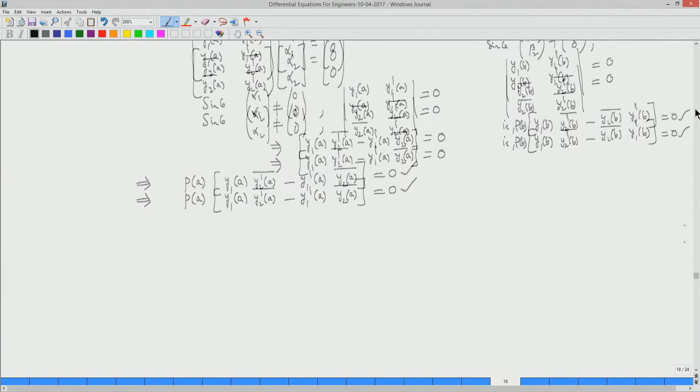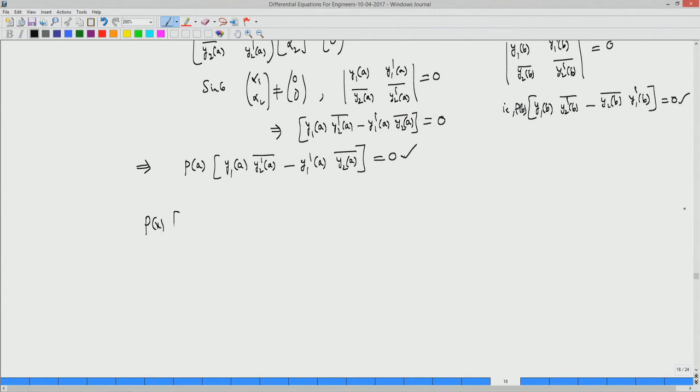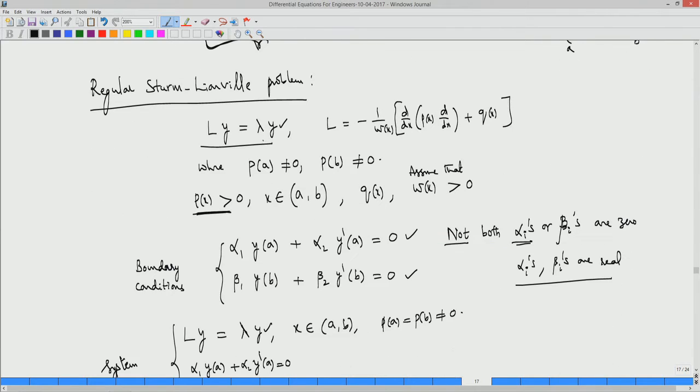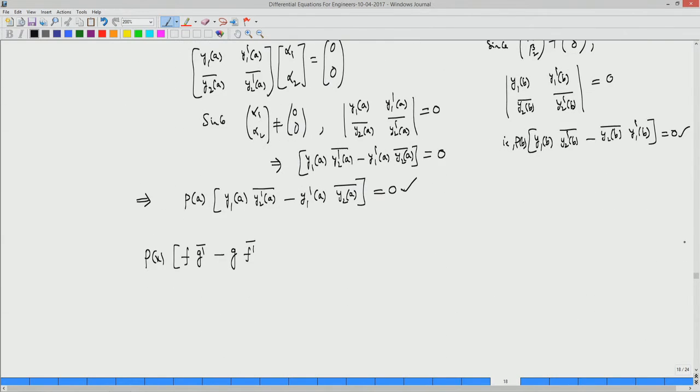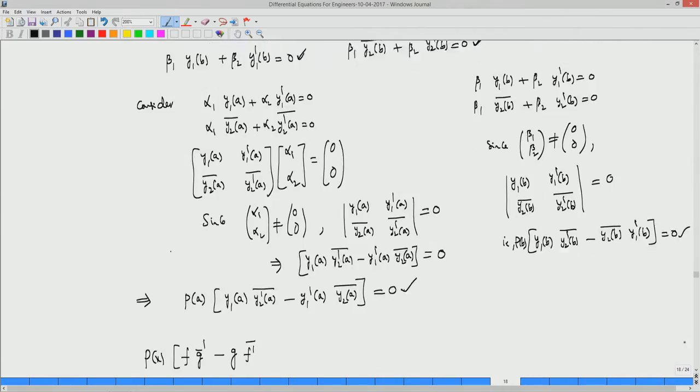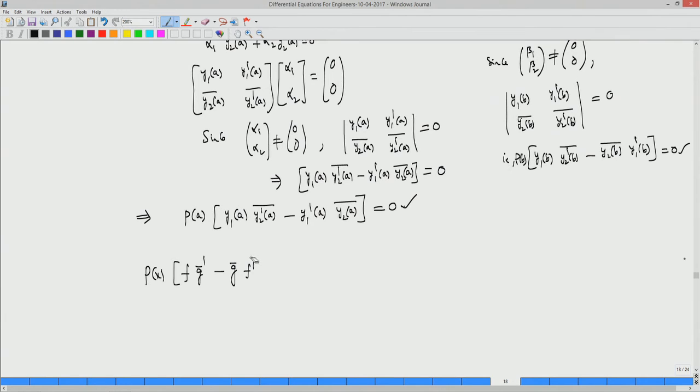So if you consider this regular Sturm-Liouville system with these boundary conditions, what you found is that the special term, P x times f g dash bar minus g bar f dash, where f and g are any two solutions of the system, when you put these limits, is 0.